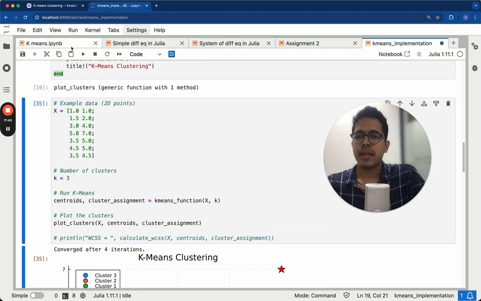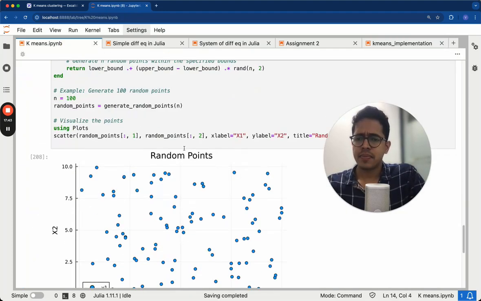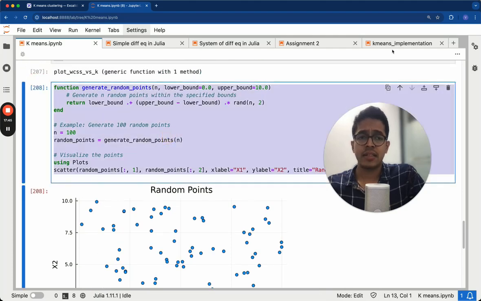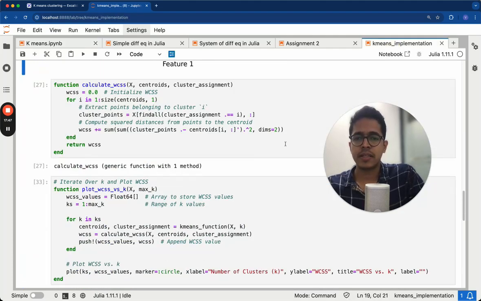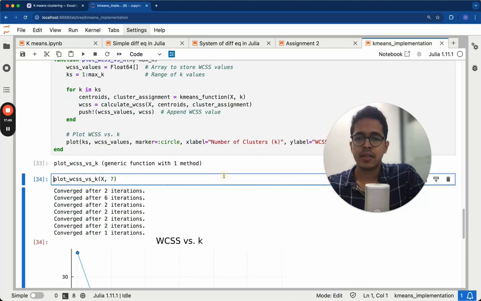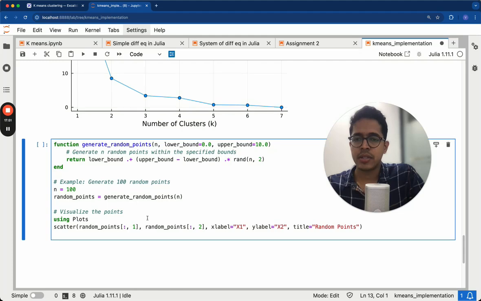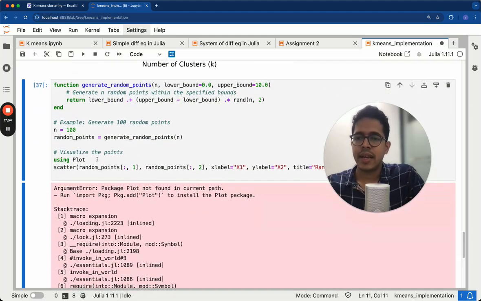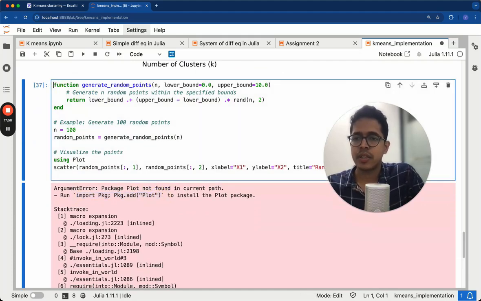Now let's do one more thing. I have written a function for generating certain random points. So I'll copy and paste it here so that there are a lot of random points. This function generates n equal to 100 random points. Yeah, I want to import using plots.